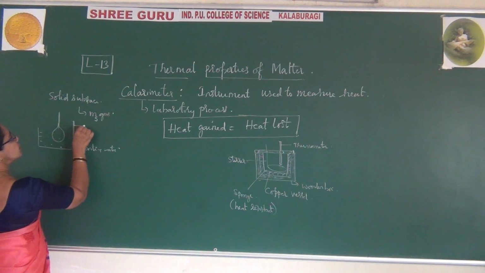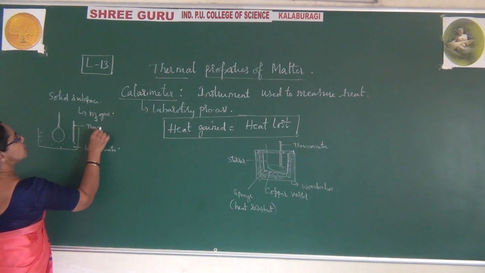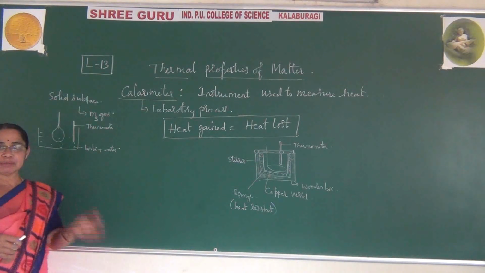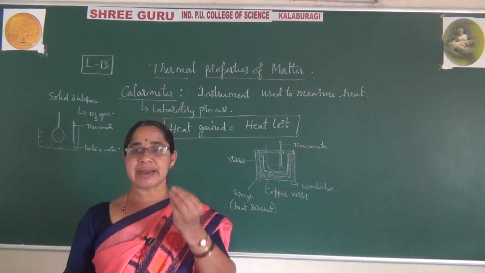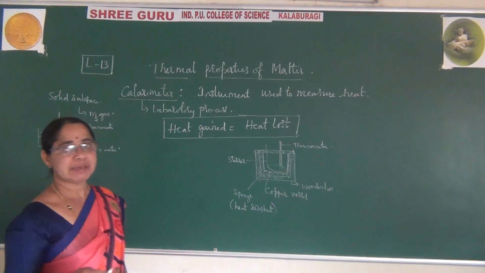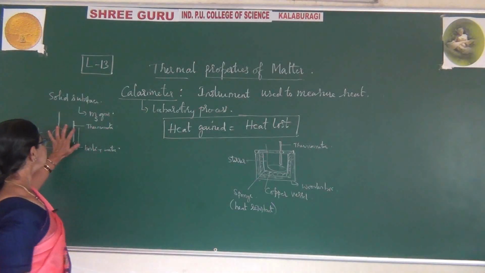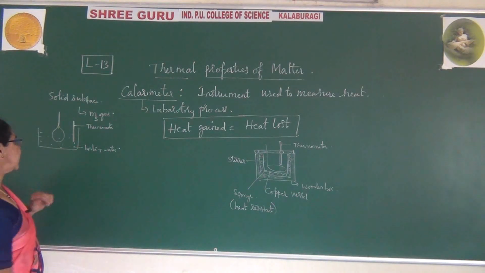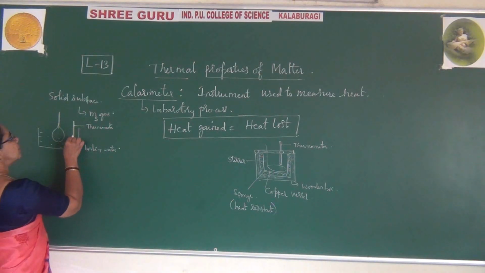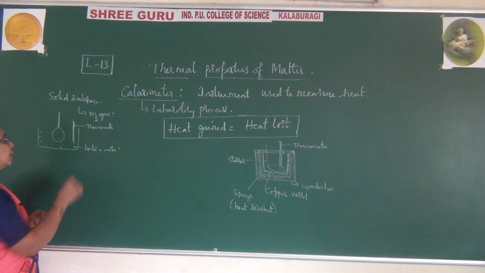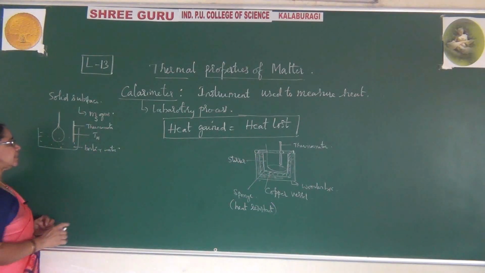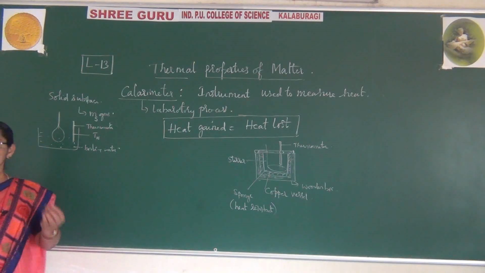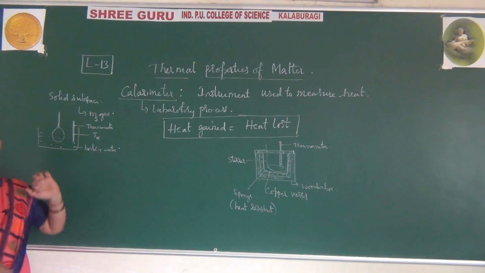Sometimes it is exactly 100 degrees centigrade, sometimes even 90 degrees centigrade; there is no problem. For your reference, the temperature we are measuring is T hot, because this substance we are first placing in the hot water bath.